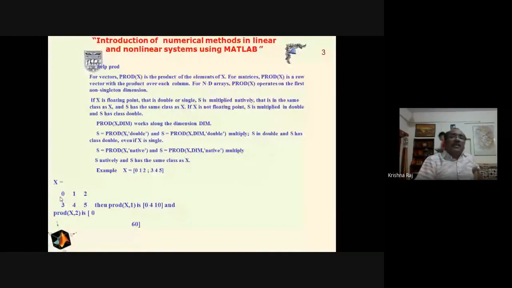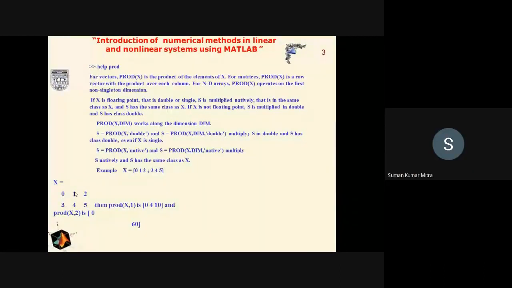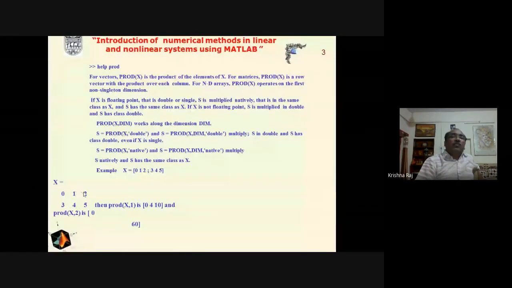And if we write product X1, then all the elements of a particular column will be multiplied, and they will be entered in a row. That is, the multiplication of 0 and 3 is 0, 1 and 4 is 4, 2 and 5 is 10. So here it will return a row matrix.